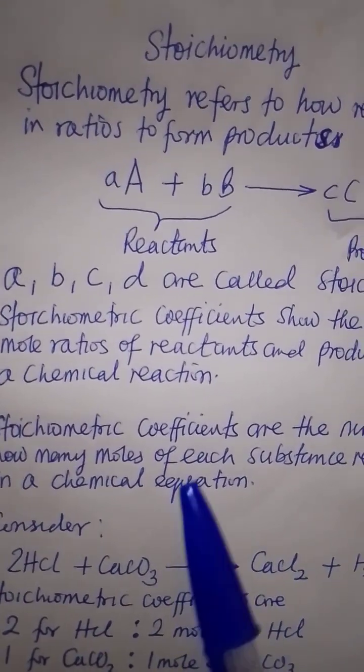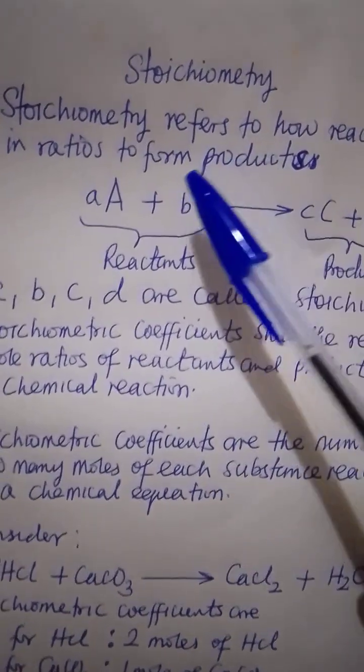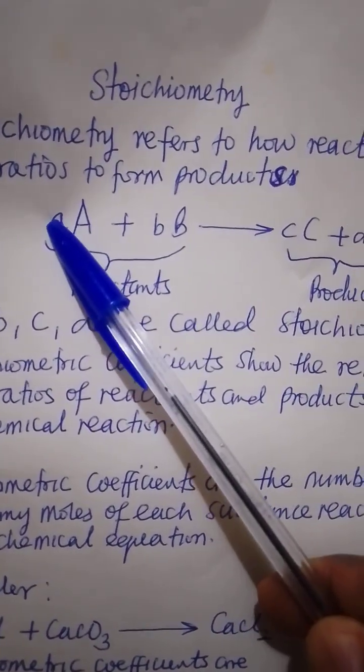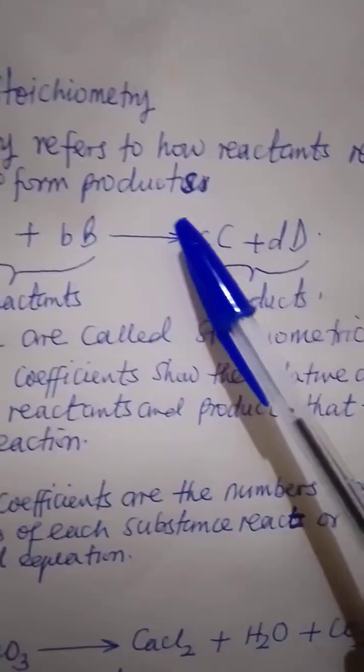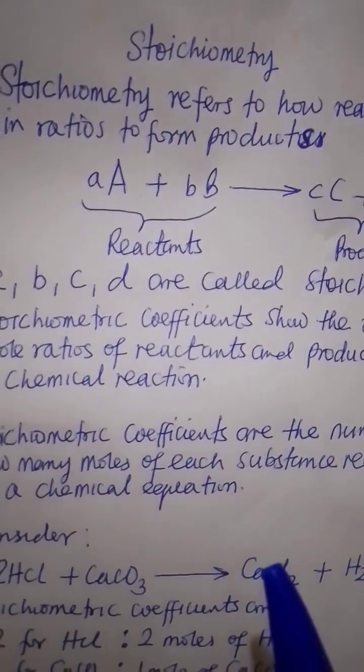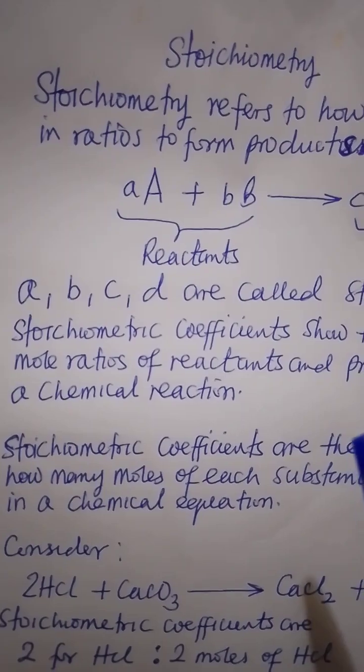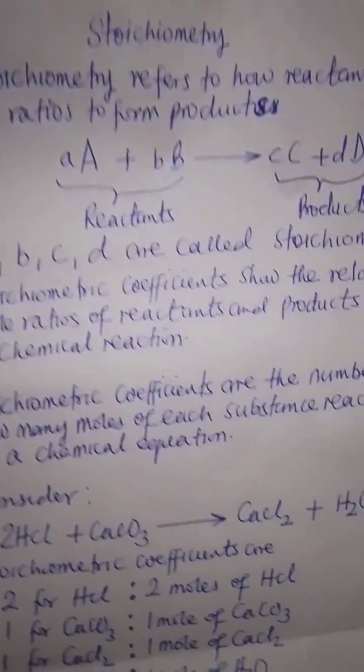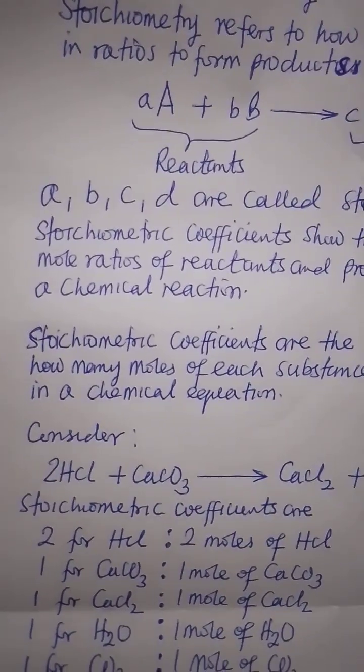So the small letters a, b, c, d are all referred to as the stoichiometric coefficients. They are very important if we must do calculations correctly.